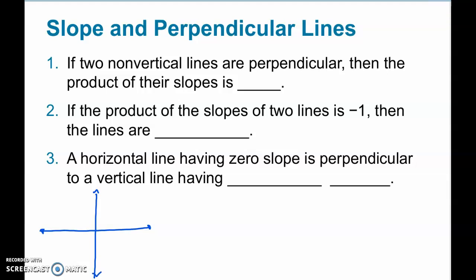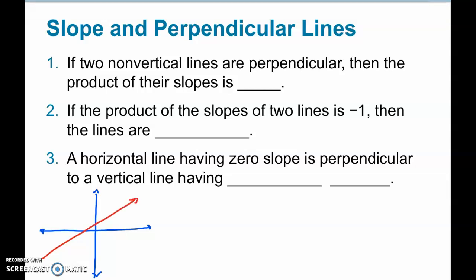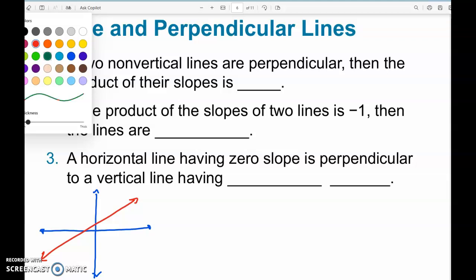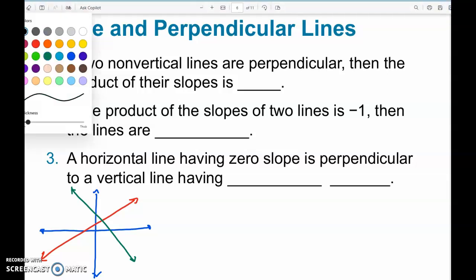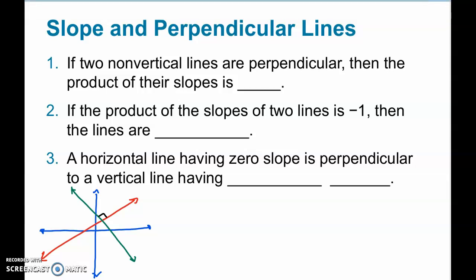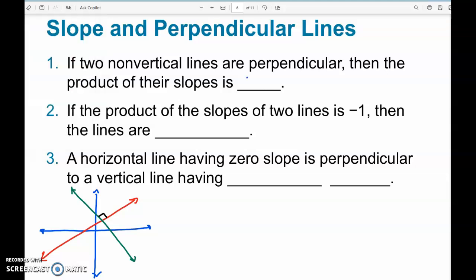They are lines where one goes upward and the other one goes downward, and they intersect at a 90-degree angle. So this angle at intersection would be 90 degrees. And we'll see another case, this last one, that we'll get to in a minute.